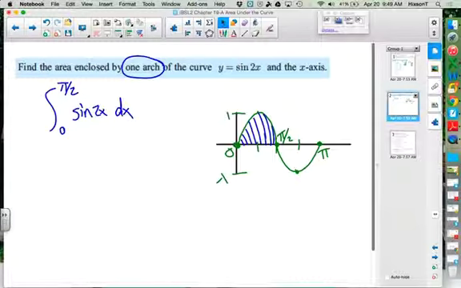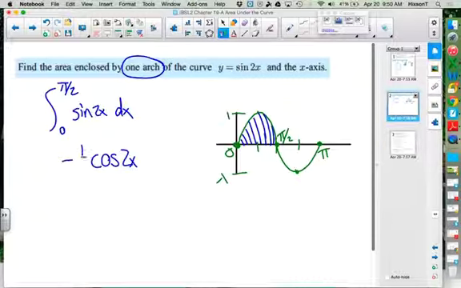What's the integral of sine of 2x? The integral of sine is negative cosine, so it's negative cosine of 2x times 1/2. We've got a cosine of a linear function, so we've got to account for that.